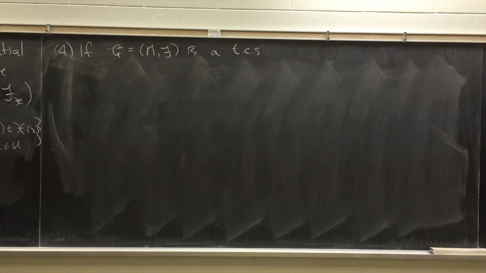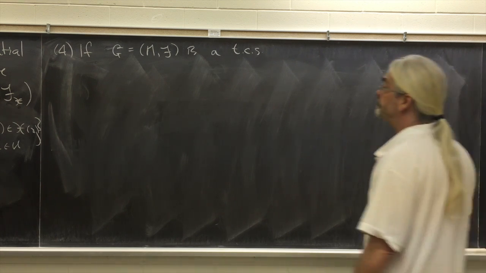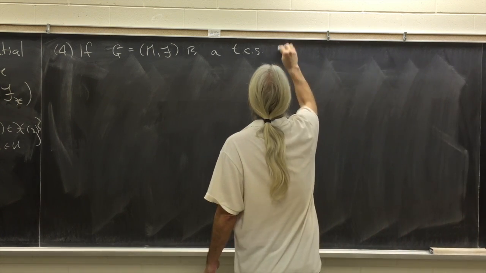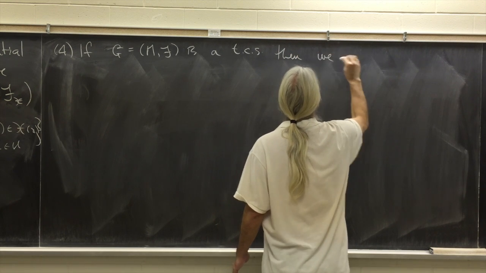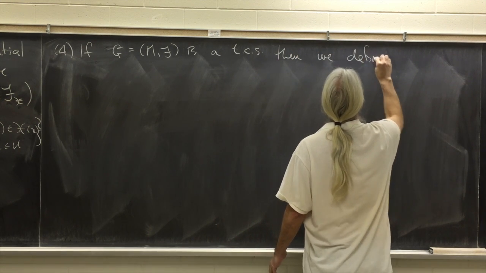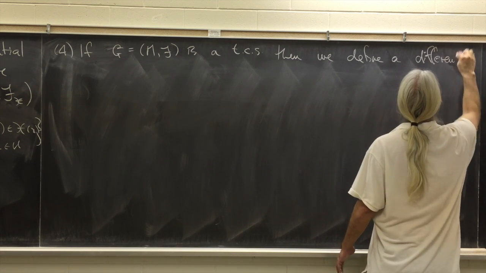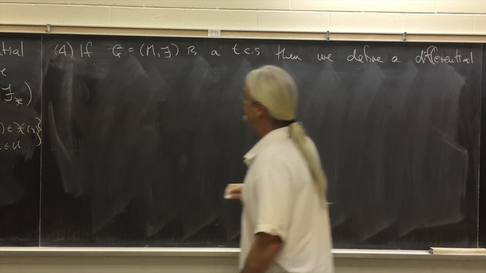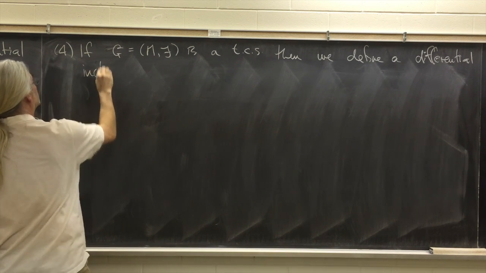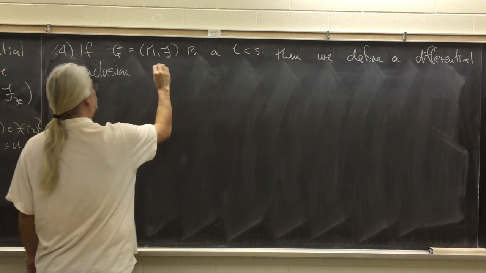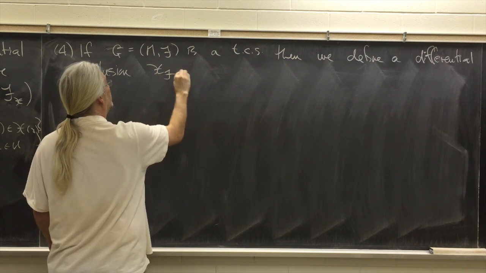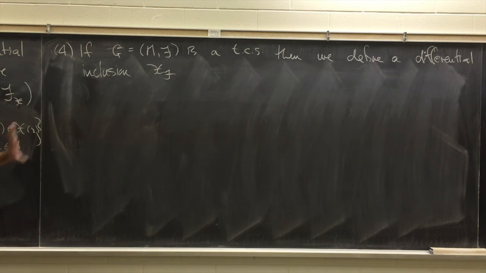But what we'll see is that this construction is actually more natural than the construction going from control system to differential inclusion. So we're going to define a differential inclusion, XF. And this is easy.